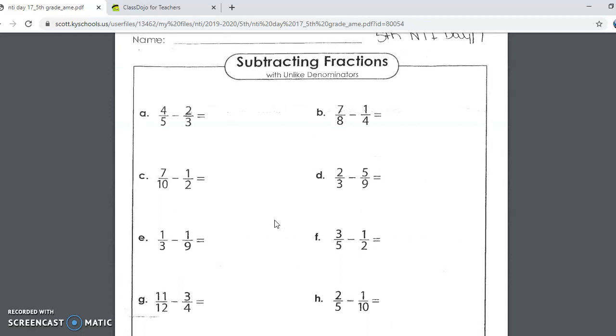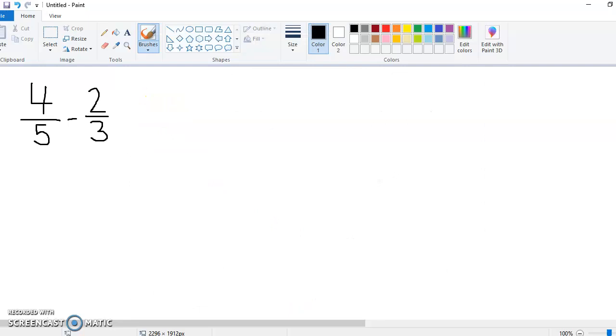Okay, so the first problem I'll do with you will be this 4/5 minus 2/3. Let's go ahead and start solving that. Looking at 5 and 3, the smallest number that I can make my denominator would have to be 15, because 5 and 3 don't really share anything else in common until I get to 15.